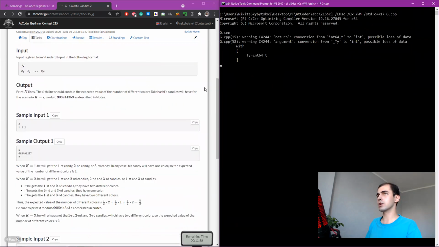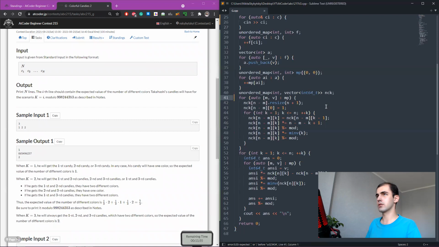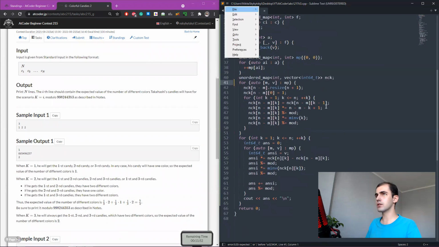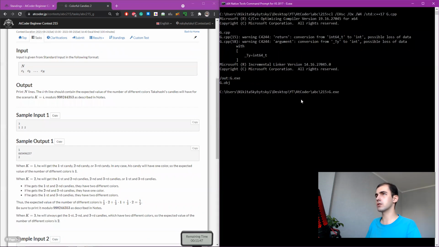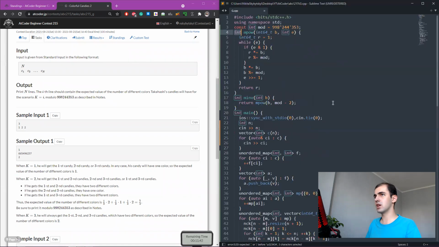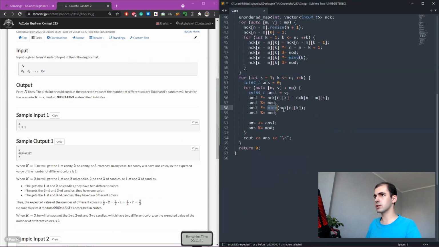No way it's gonna work, but we want to change return somewhere, somehow. Why? Oh, here no, here I don't care. 58 modular inverse gets converted to int.